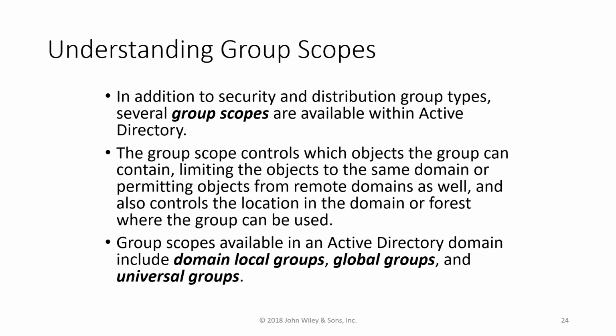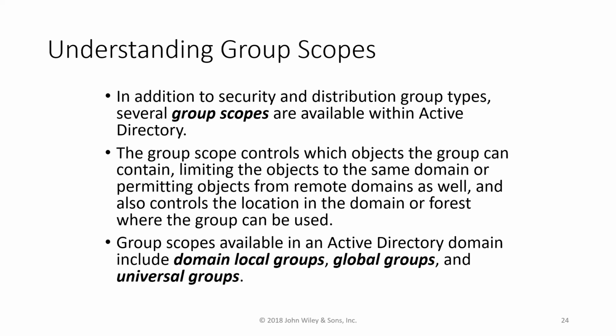Group scopes available in an Active Directory domain include domain local. When we say a scope, basically, how far can you reach? That is your scope, your coverage. It can limit the object to the same domain or permit objects from remote domains as well, and it also controls the location in the domain or forest where the group can be used. Just like the way we are able to add organizational units to an organizational unit, we can also nest groups.